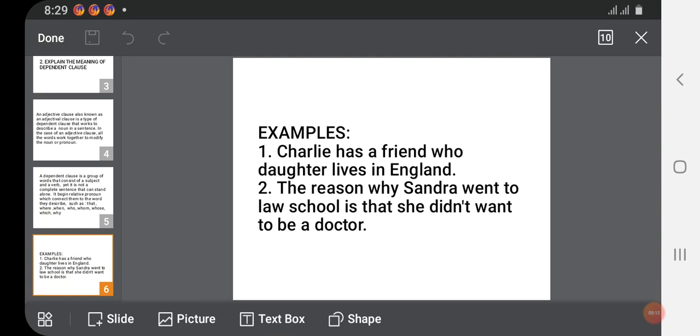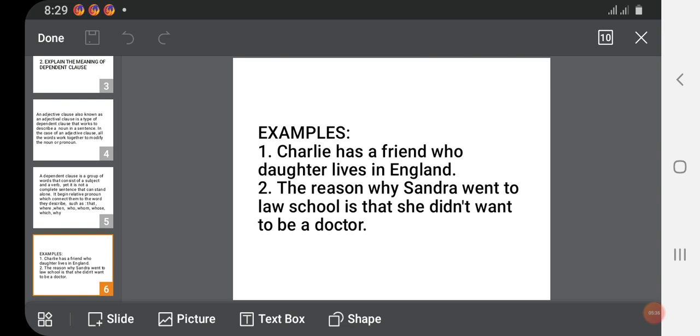So, example. Charles has a friend whose daughter lives in England. If you look at this now, whose there is the relative pronoun.